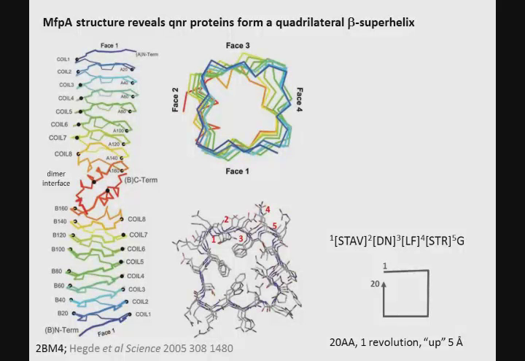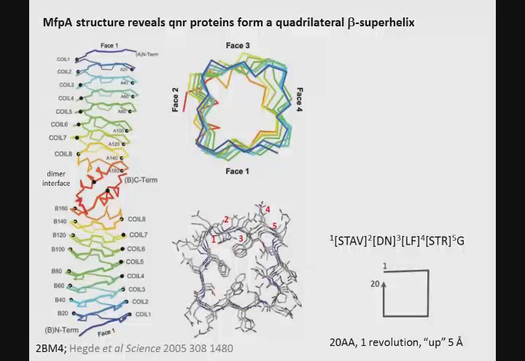makes up one side of a tube. So amino acids 1 to 5 has this repeat. Then you have another repeat, turns 90 degrees, 90 degrees, 90 degrees. So every 4 repeats, you go up one in this tube, and you make this structure here.